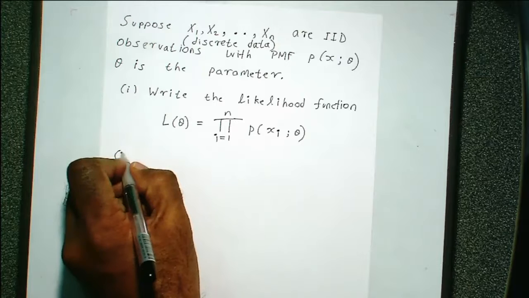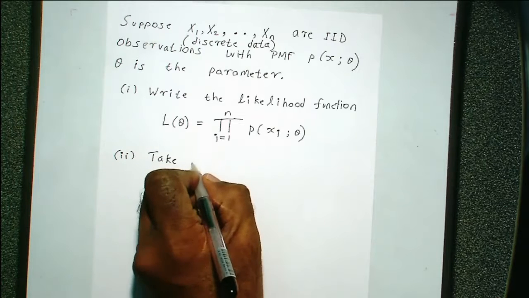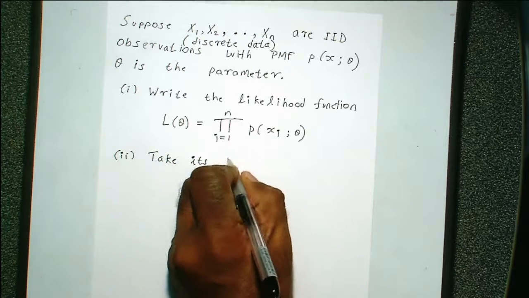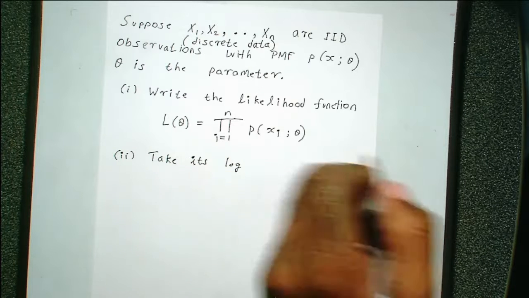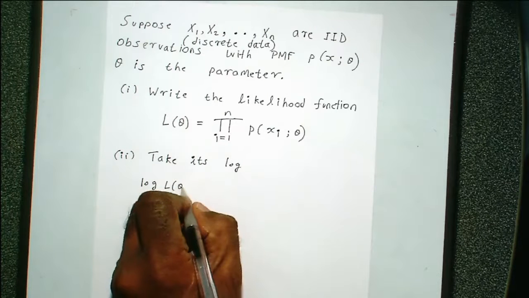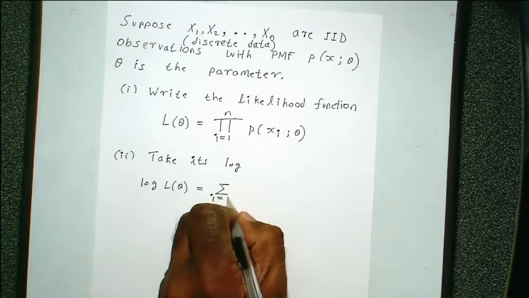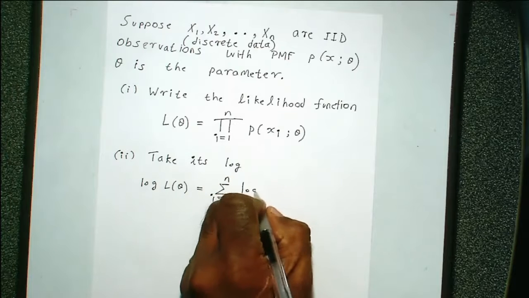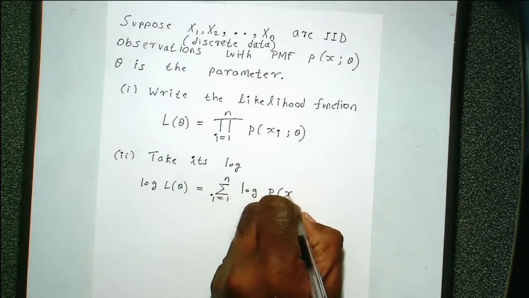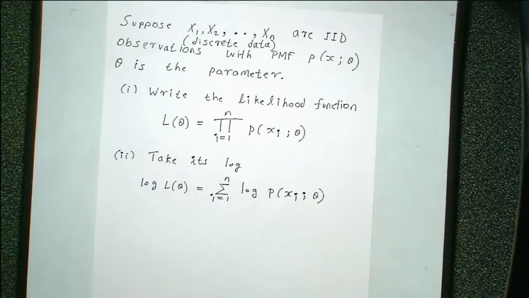Step 2, take the log of the likelihood, log of L(theta). If you take the log of the likelihood, you get, once again, the log of the product is the sum of the logs. Remember that, right?